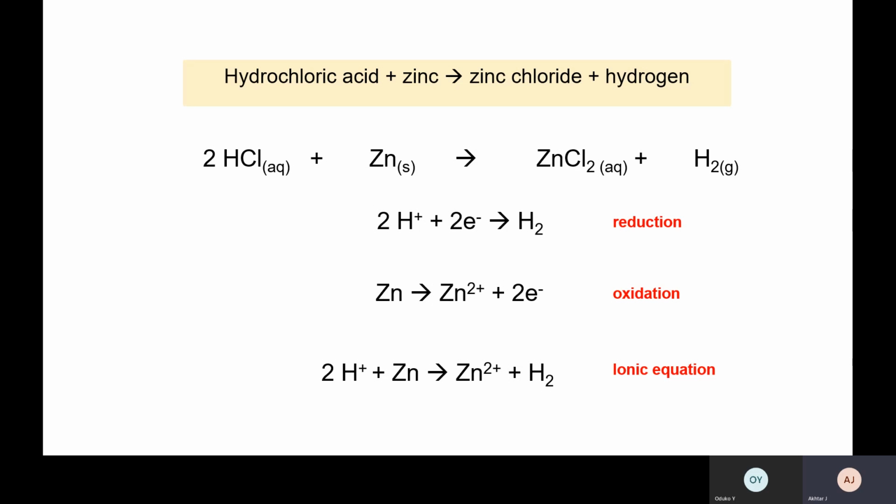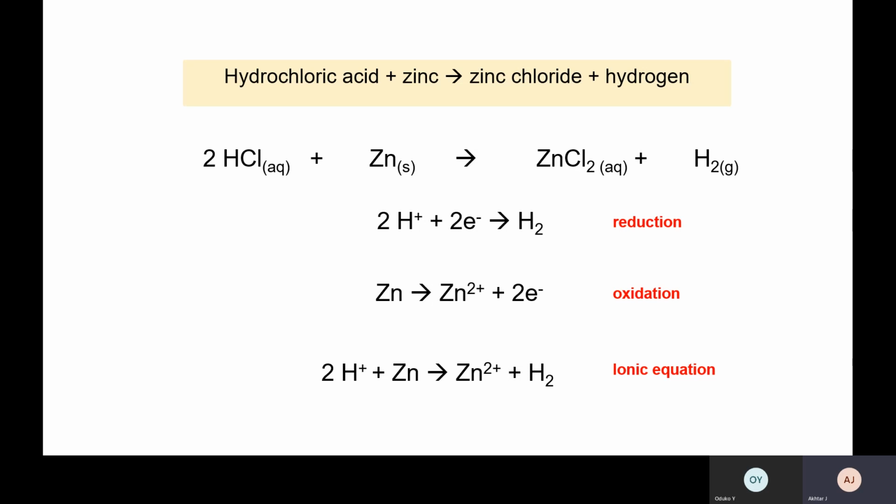Therefore, if we've got 2 chloride ions, we need an overall charge of +2 in our zinc. And by combining the 2 half equations, we form the ionic equation, pretty similar to the first example.